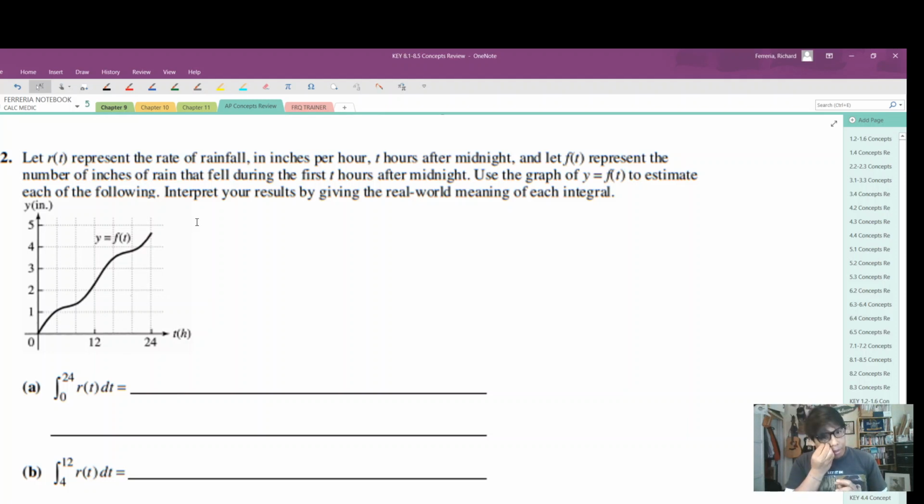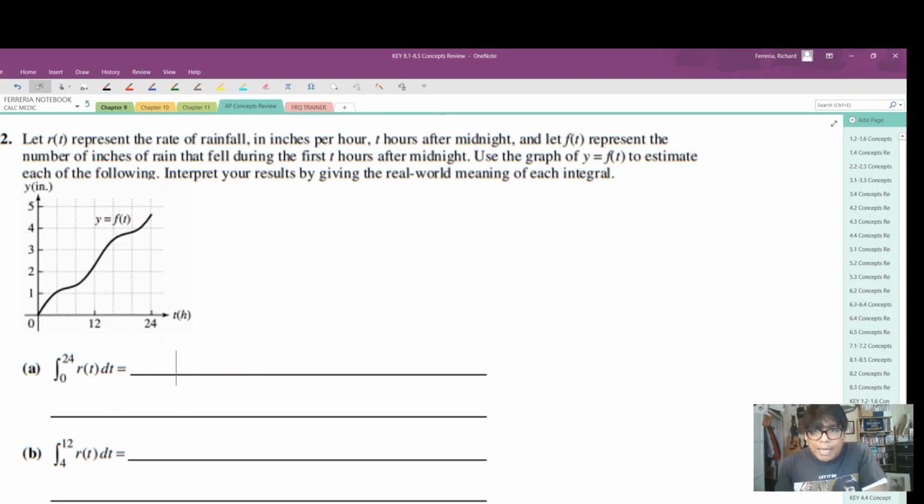So for example, F of 12 would be the amount of rain that fell in the first 12 hours after midnight. So let the graph of F of T, use a graph to estimate each of the following. Interpret your results by giving the real-world meaning of each.